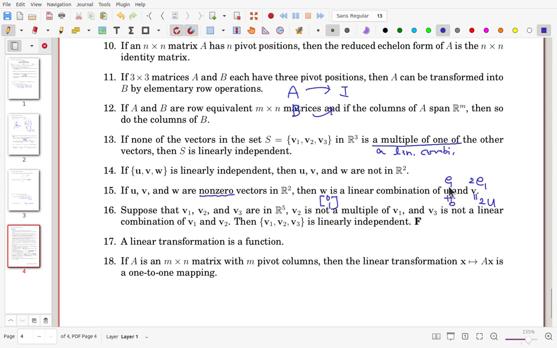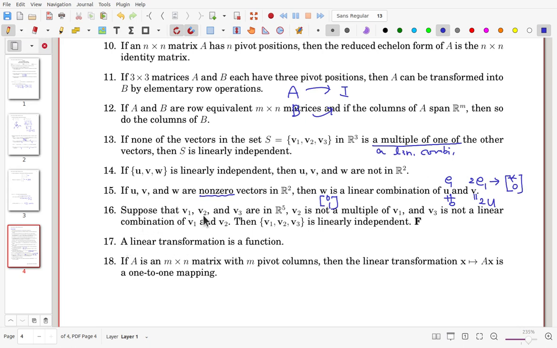If you consider e1 and twice of e1, then any linear combination will have the second component always 0, so you cannot make this w. Okay.